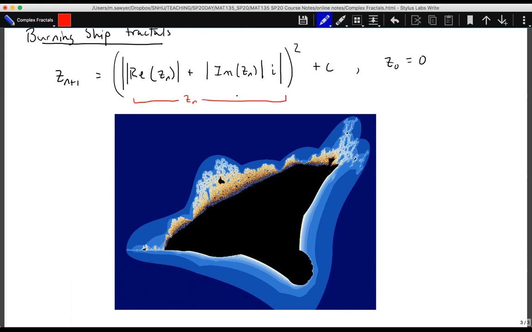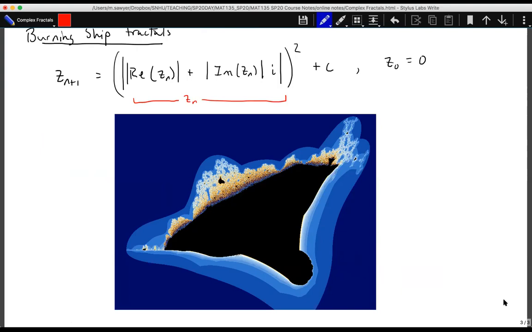But what we've done is we've taken the absolute value of the components and then squared them, to look at what is going on not just with the positive and negative values, but looking at the absolute value of the components first. And we get what we call the burning ship fractal. This fractal was discovered in the 90s. So fractals aren't necessarily old and bold. They've been around for a long period of time.